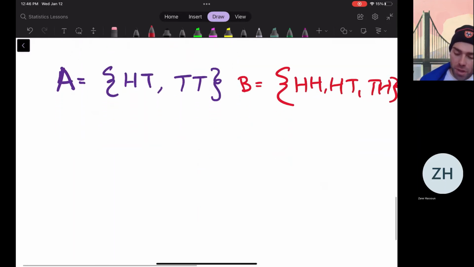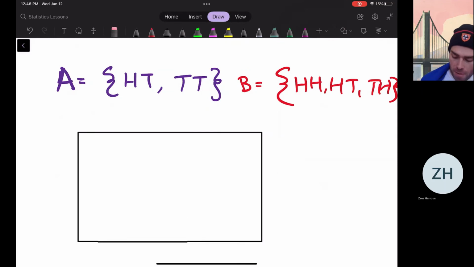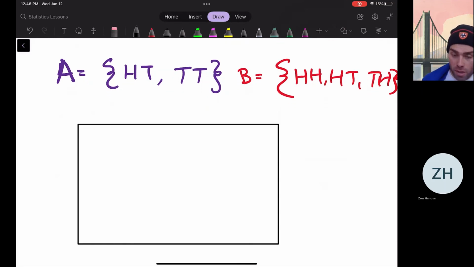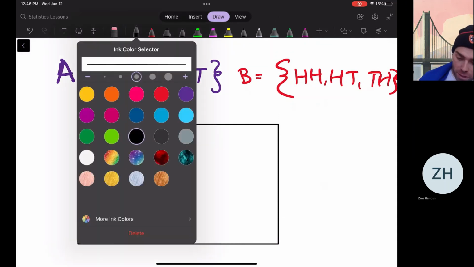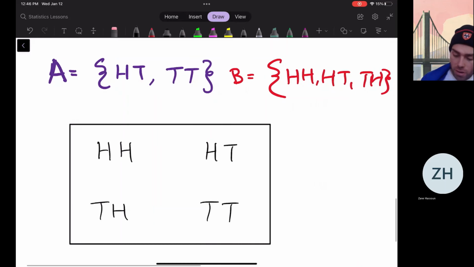So if you would think of drawing this Venn diagram, let's put out our four elementary outcomes here: HH, HT, TH, and TT. So going back, let's map A for ourselves here.